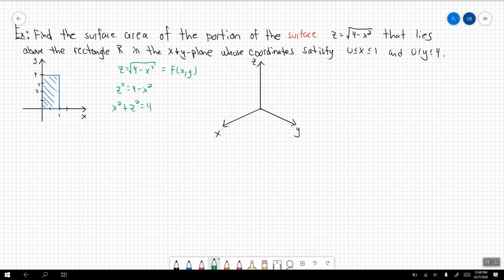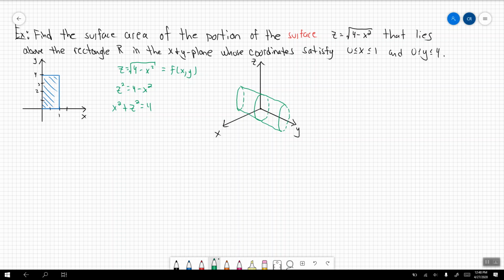So as I start looking at these circles that look like this, we can start connecting them to make this cylinder figure that is going to extend along the y-axis.